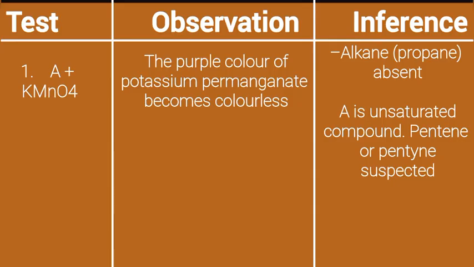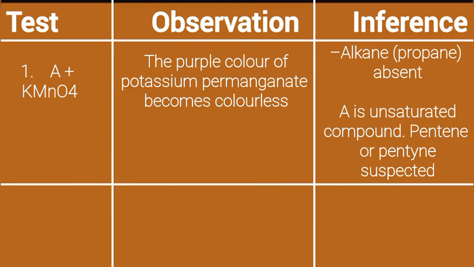So that takes us to number 2 analysis. I am going to expose A to ammoniacal silver nitrate. If it is a live practical, then I will be expected to add ammoniacal silver nitrate into the test tube containing liquid A. And so under the test column, number 2, I have A plus ammoniacal silver nitrate.